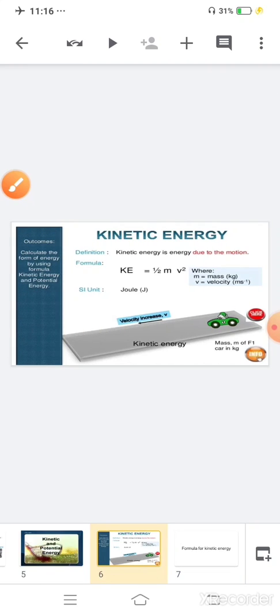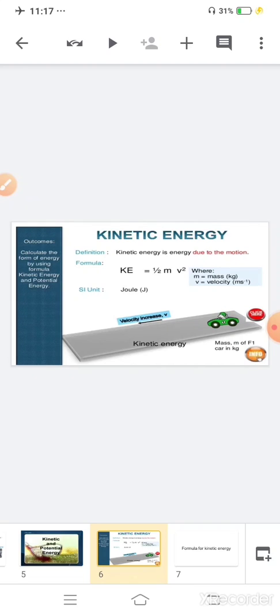For example, a moving cricket ball can do work in pushing back the stump. Moving water can do work in turning a turbine for generating electricity. Clear? Thus, a moving body is capable of doing work. And if any object is doing some work, that means that object possesses some type of energy.